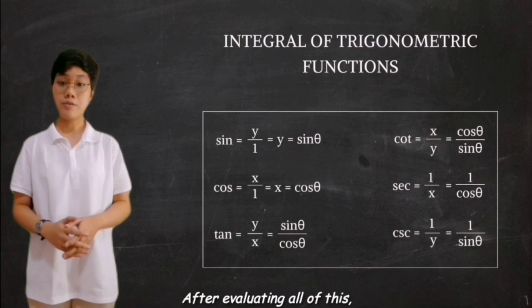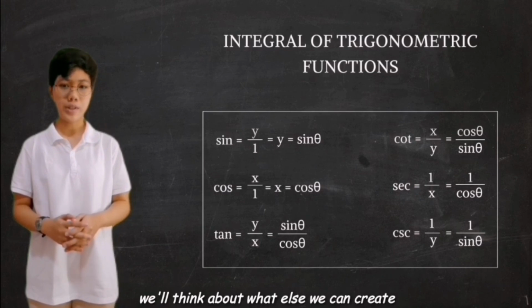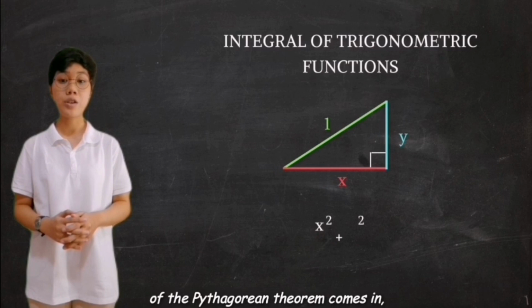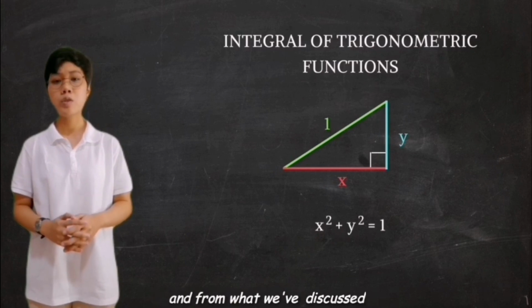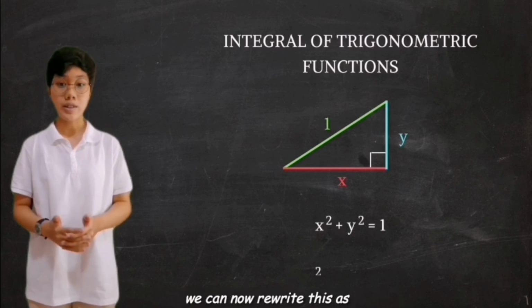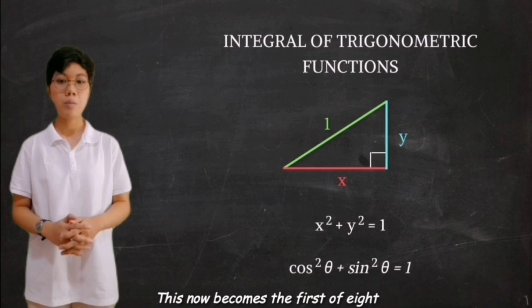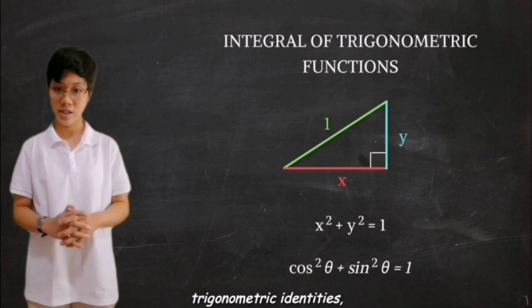We will use the same process to identify the other trigonometric functions. After evaluating all this, we'll think about what else we can create from a right triangle. This is where the formula of the Pythagorean theorem comes in. And from what we've discussed, we can now rewrite this as cosine squared of theta plus sine squared of theta equals 1. This now becomes the first of 8 trigonometric identities.